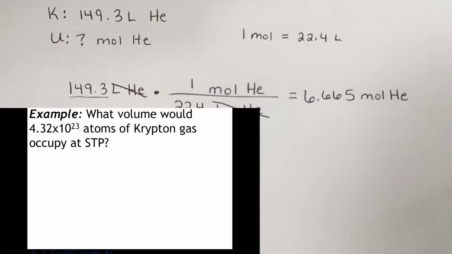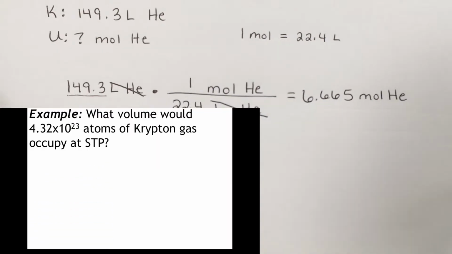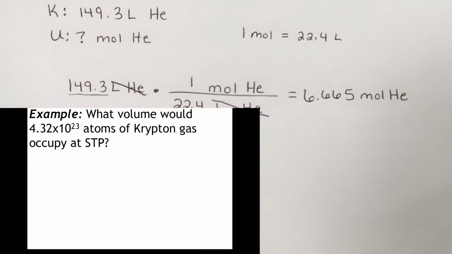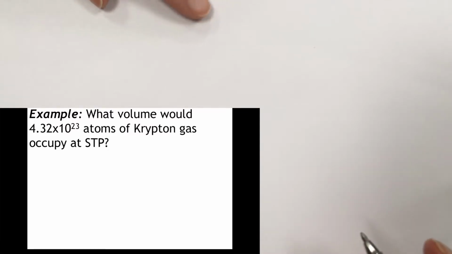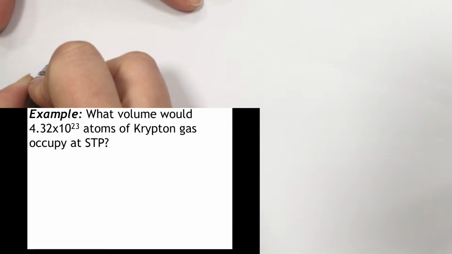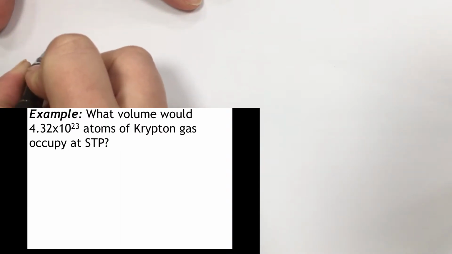But let's do another practice problem. What volume would 4.32 times 10 to the 23rd atoms of krypton gas occupy at standard temperature and pressure? So again, we're writing our unknown and our known.